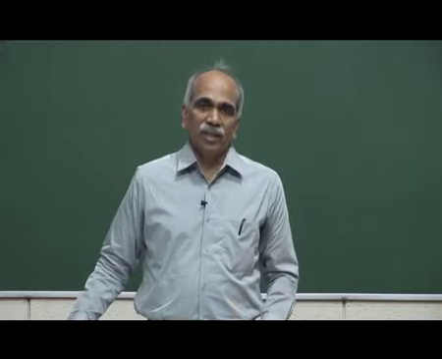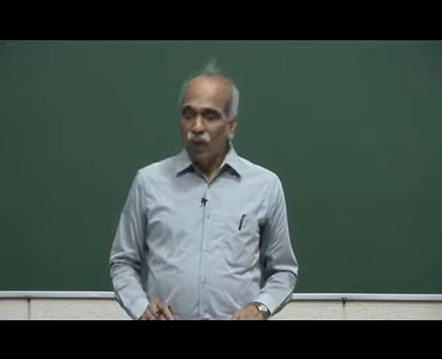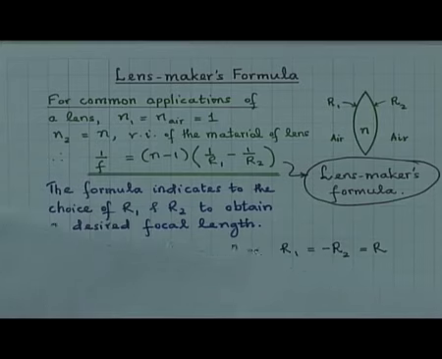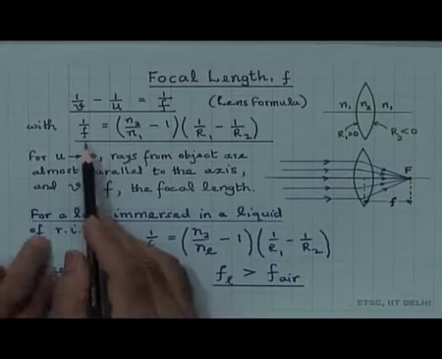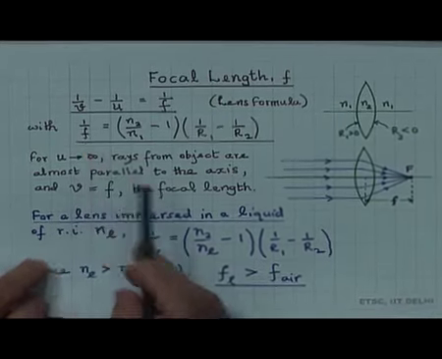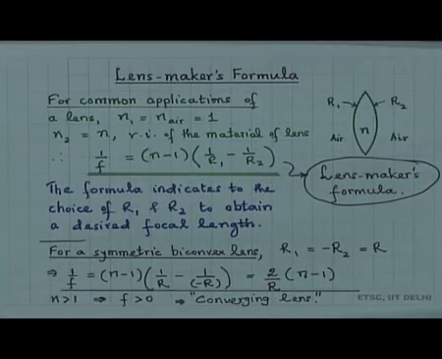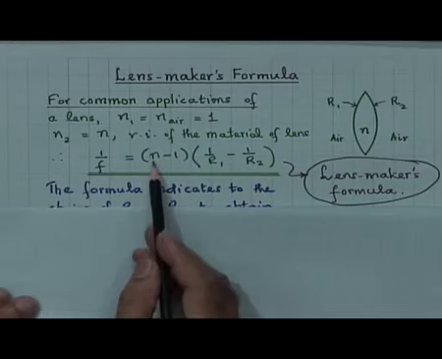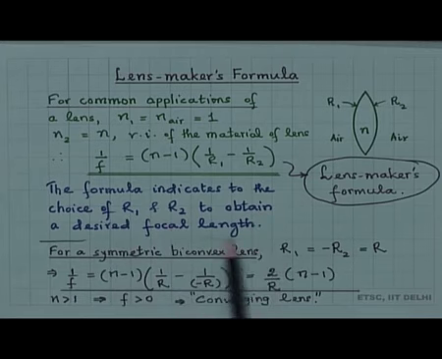Hence, this formula is traditionally called the lens maker's formula, although the general formula is what we had already seen for 1 by f. That is the general formula, valid for all refractive indices, but in the special case when n1 is air, we use the lens maker's formula, which is simpler, where n is the refractive index of the medium. The formula indicates the choice of r1 and r2 to obtain a desired focal length. Now, we proceed further.